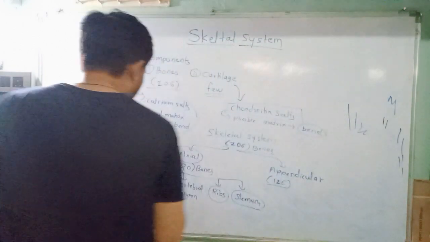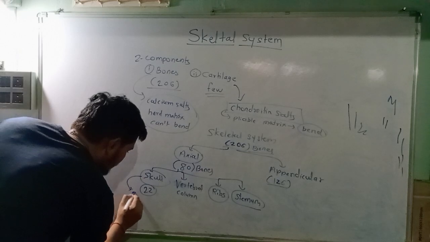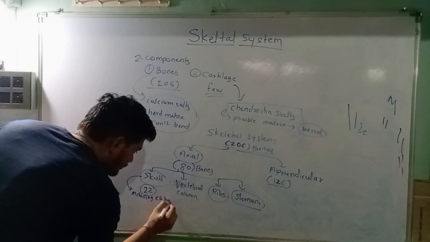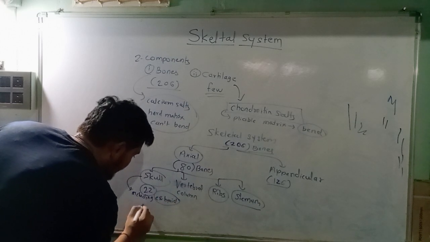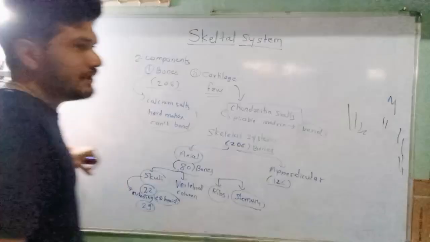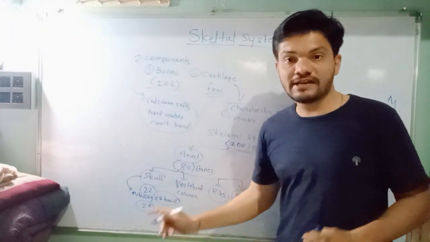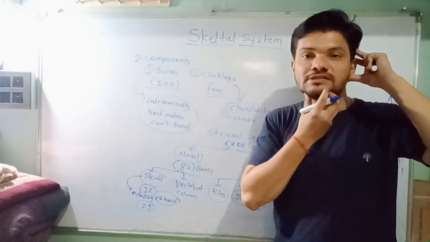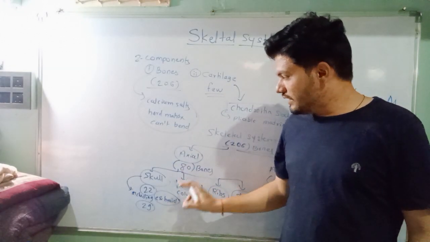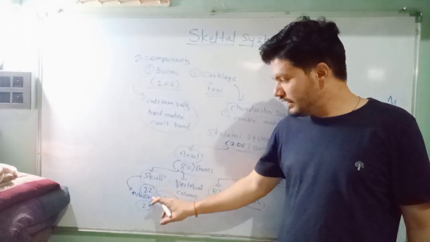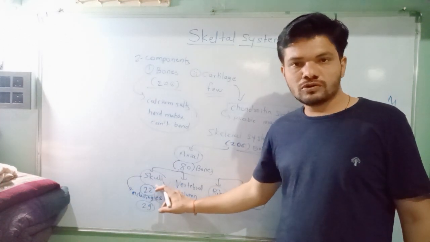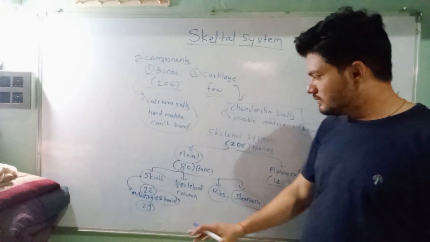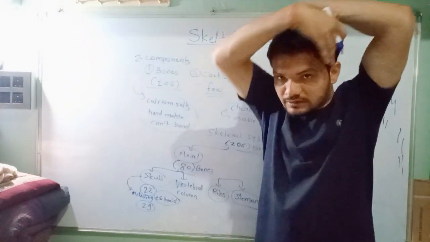So your skull part, including ear and hyoid, has a total of 29 bones. But in NCERT it is given 22, excluding ear ossicles, 6, and hyoid bone, 1. If you subtract 7 from 29, you will get 22. That we will see in the next video. But just remember, there are 29 bones in this area.